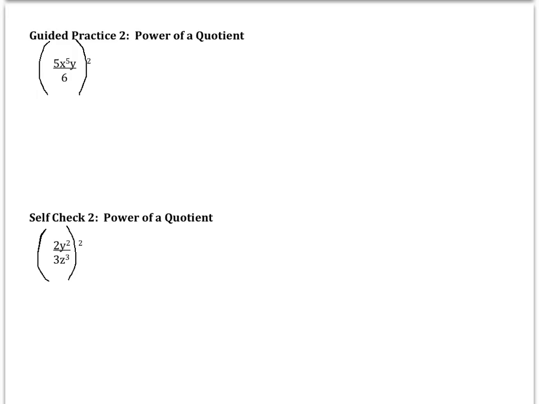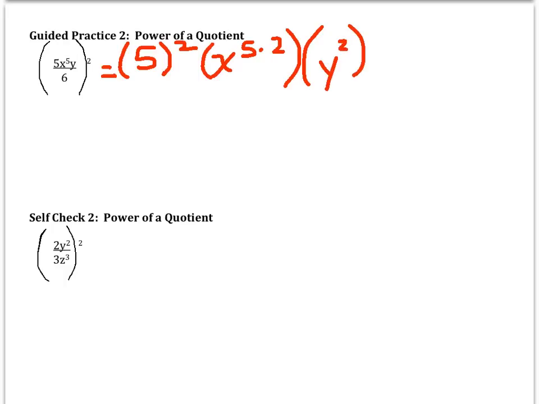In guided practice 2, we have 5 times x to the 5th times y divided by 6, all raised to the 2nd power. So we'll take 5 and we'll raise it to the 2nd power times x to the 5 times 2, because we're raising the x to the 5th to the 2nd power, times y raised to the 2nd power.